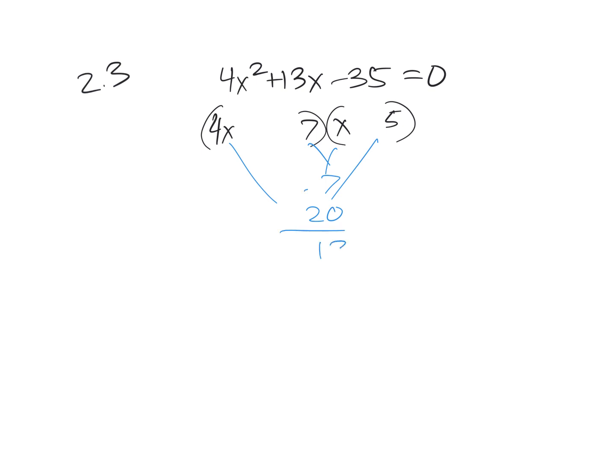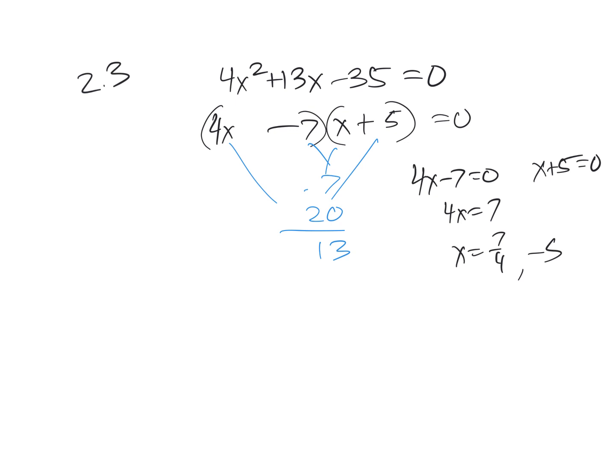Subtract 7 from 20, you get 13. All right, so 7 has to be negative, 20 has to be positive. So set each one equal to 0. And you solve it. Add 7, divide by 4, 7/4, and negative 5.